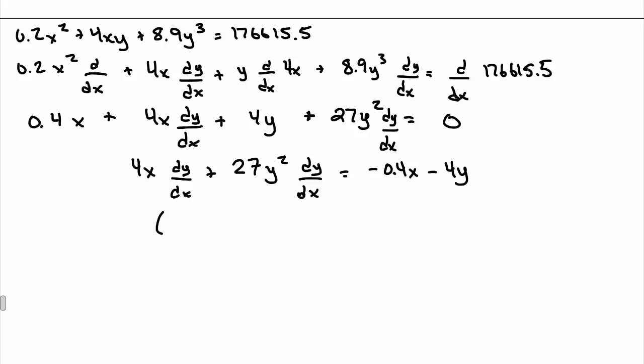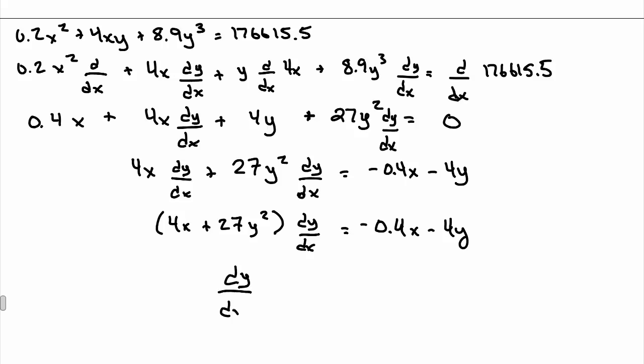So we have (4x + 27y²) dy/dx equals negative 0.4x minus 4y. Then we divide both sides by 4x plus 27y², and we get dy/dx equaling (negative 0.4x minus 4y) divided by (4x plus 27y²). All right, so that would be the answer for step 1.